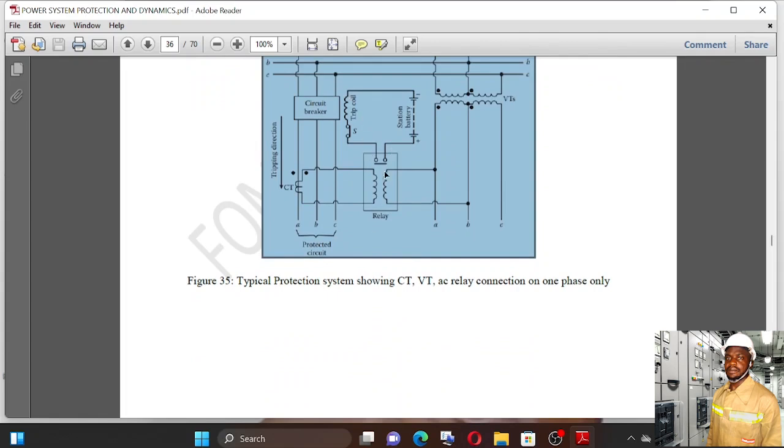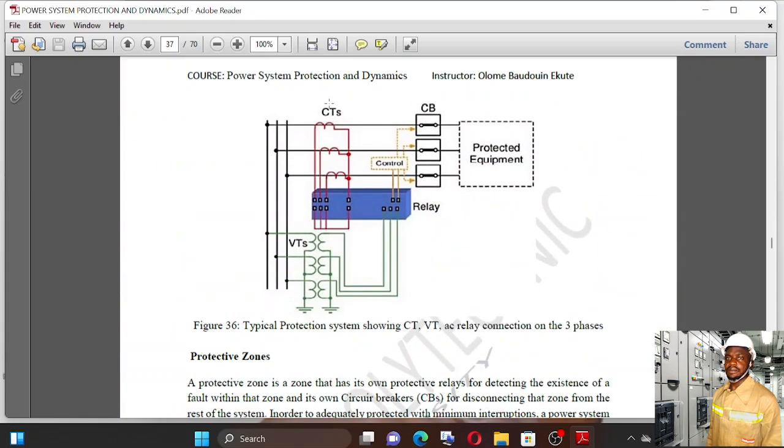That tripping command is simply by closing some of the relay contacts, which causes a small DC battery to supply the trip coil of the circuit breaker, which energizes and causes the contact of the circuit breaker to open, thereby tripping the line.